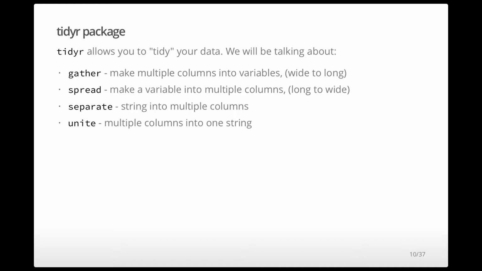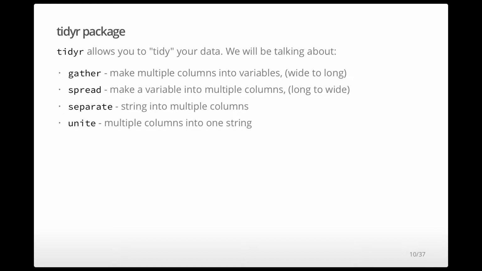We're going to also talk about separate and unite. Unite brings things together. If you have multiple columns that you want to paste together into one new column, you use unite. We could have used string operations, but this is a tidy, helpful tool. Separate splits them apart.